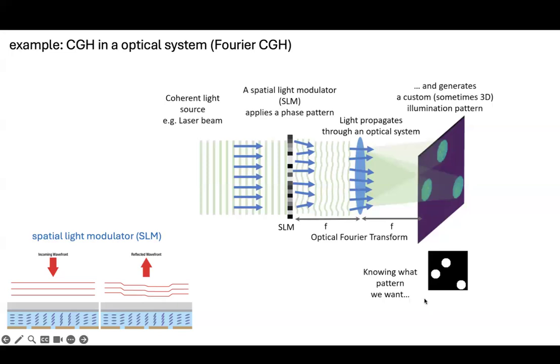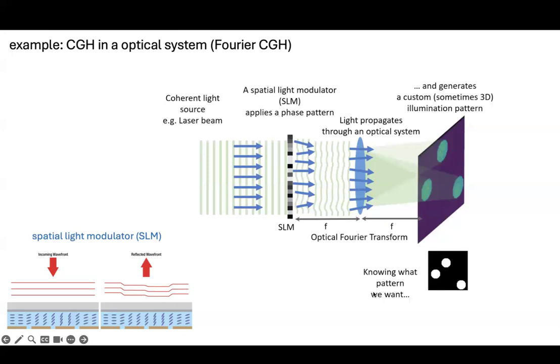So the whole process is that you want to first know what pattern you want to create, and then you want to input all the optical lenses and components and all these different focal distances that are in your optical system into your computer, and your computer will be able to compute the interference pattern that you can then display on your SLM.